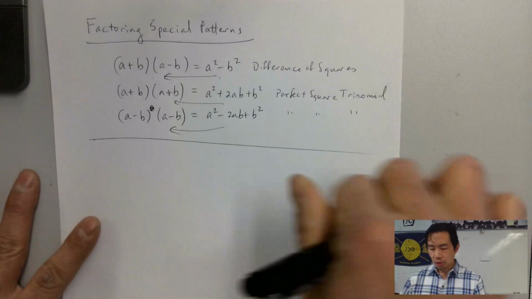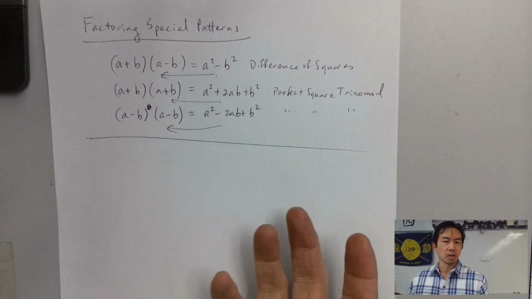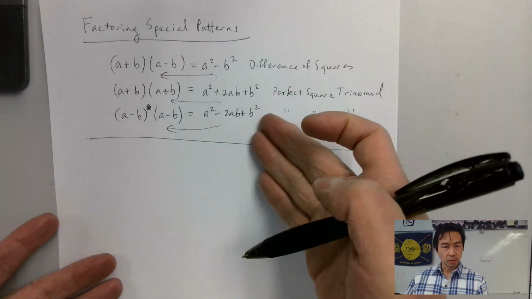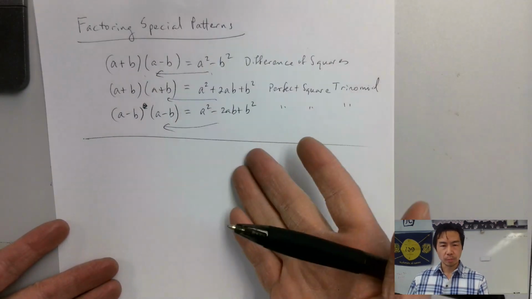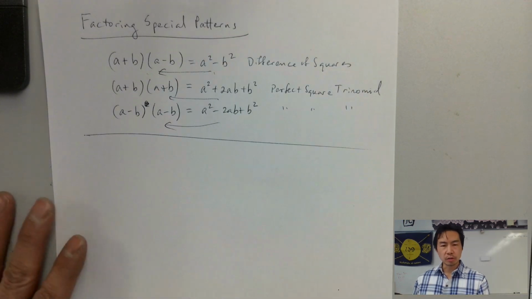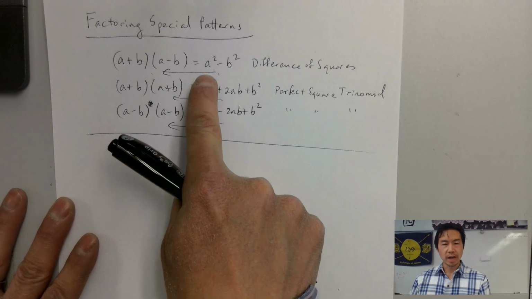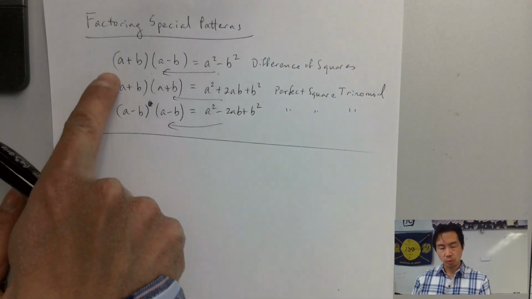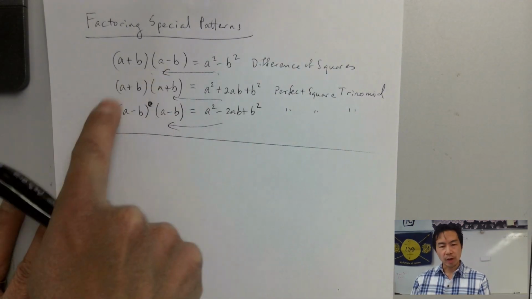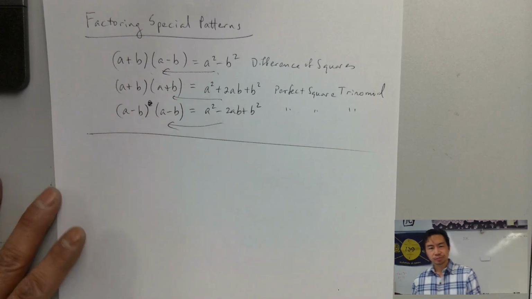Which means that if given one of these patterns, you first have to be able to recognize which one it is, or if it's neither of them. And then, once you recognize which pattern it is, you need to be able to identify what A and B are so that you can place them in the factored form of each pattern.